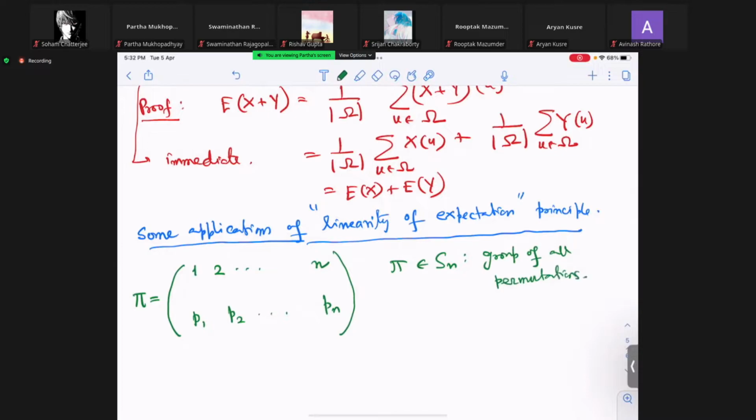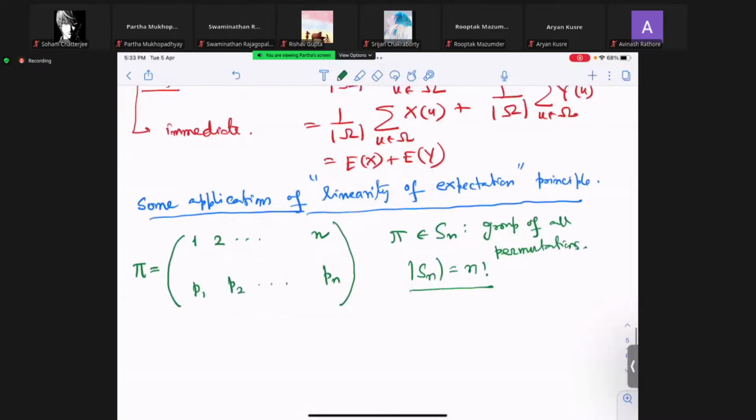If you do not know what a symmetric group is, doesn't matter. It's a collection of all permutations, and with the composition of permutation operator, it forms a group. That group is called the symmetric group. So the cardinality of S_n is n factorial. This is the notation for the permutation that we use throughout the course. Okay, so let's.